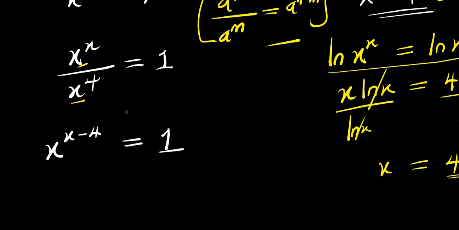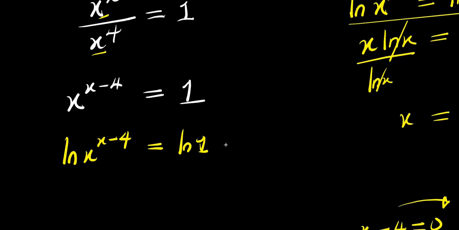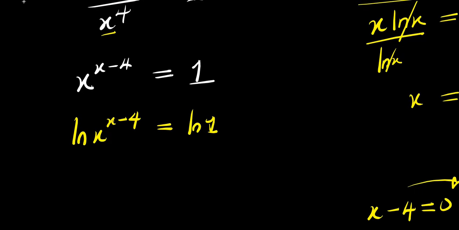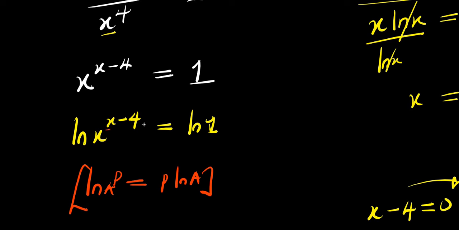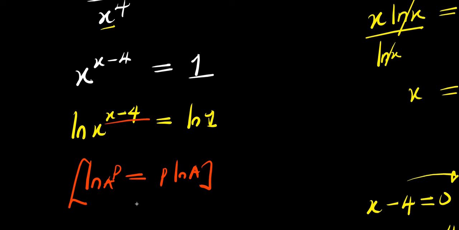Now at this point, you can apply the natural log. You have natural log of x power x minus 4 equals natural log of 1. So what you can do now is to apply the same identity. Remember, if you have natural log of a power b, this is b times natural log of a. So the x minus 4 comes behind this.